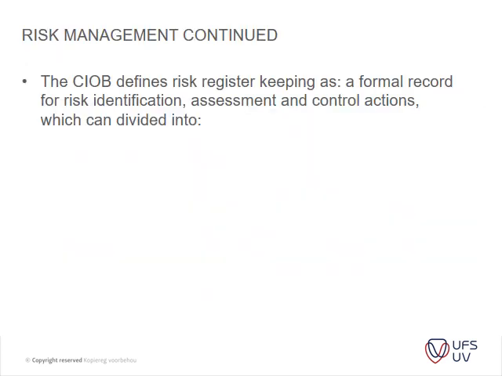Okay, then the CIDB defines risk register keeping as a formal record of risk identification, assessment, and control actions, which can be divided into generic risks. The generic risks represent risks which are irrespective of project type or nature.